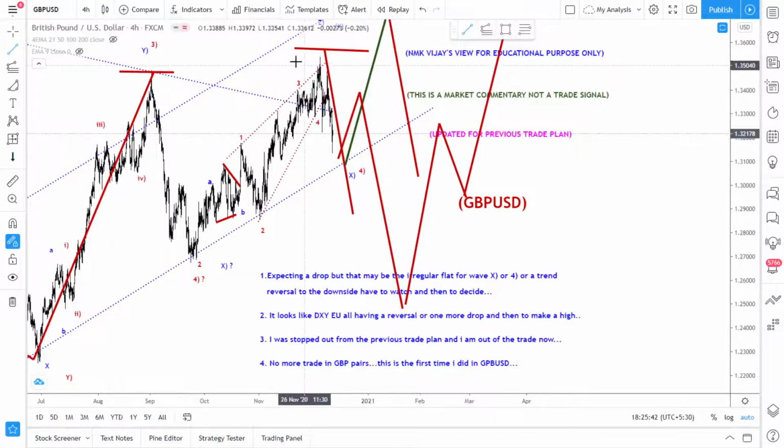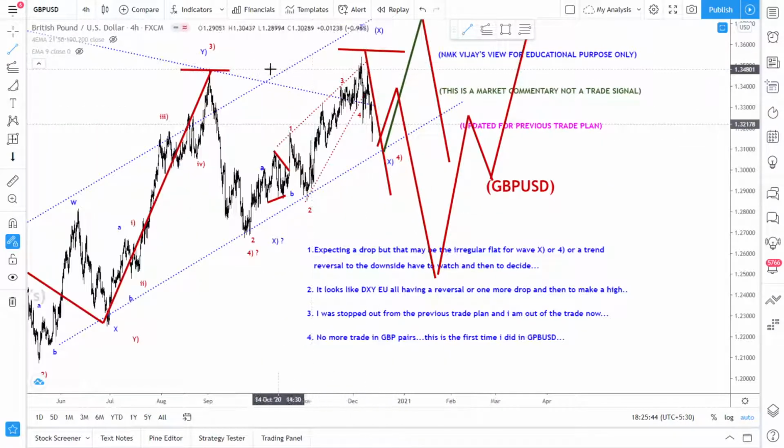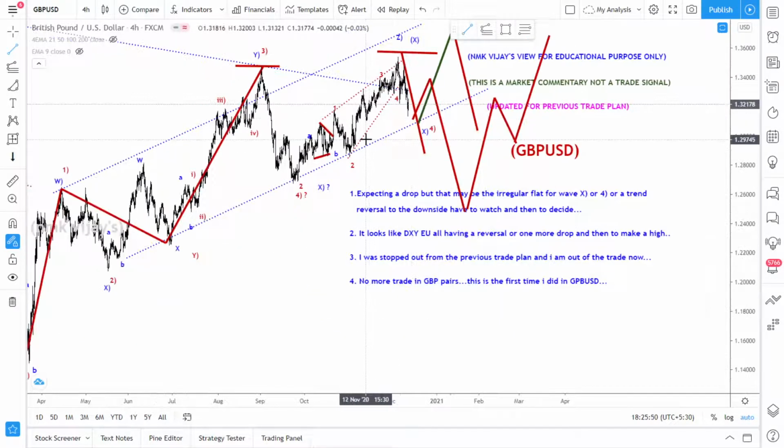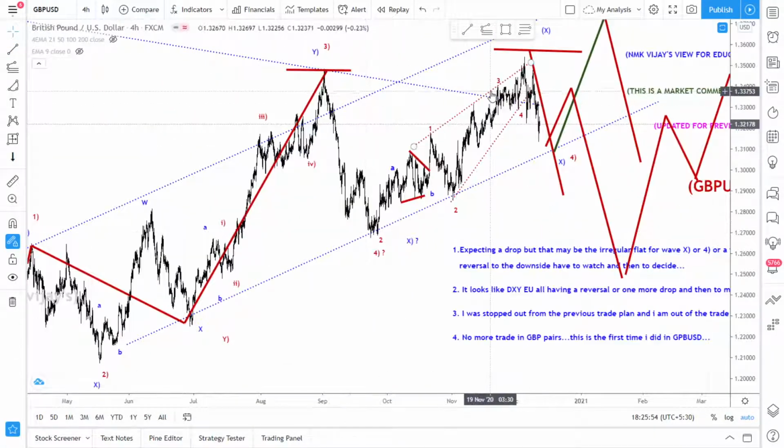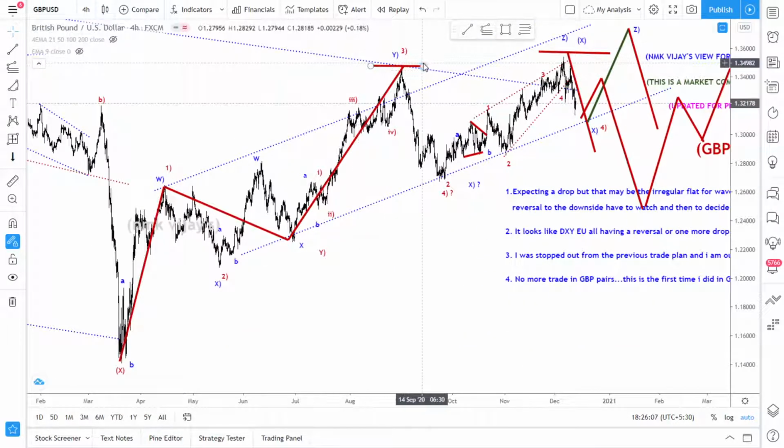I'm not going to trade this because I already stopped out here. I knew it would hit my stop and then it had to come down. I'm not trading GBP/USD because from here I took this as an impulsive wave, so it has to come down, but it already hit my stop, as that time it was a different analysis.